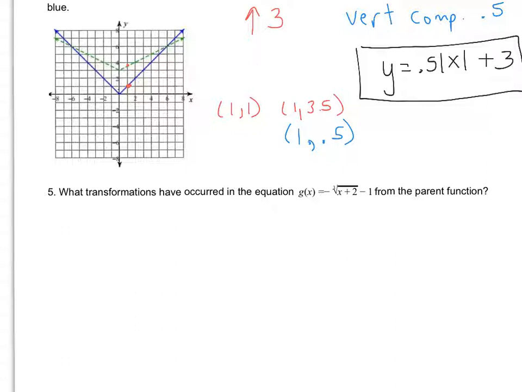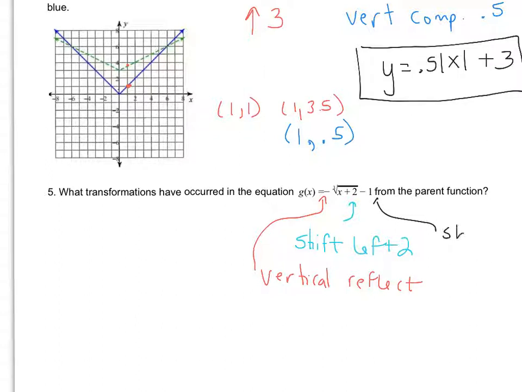This plus 2 is actually going to be a shift left 2. Remember, it's always the opposite sign, so it's a shift left of 2. This negative out front, we talked about in the first one, is the vertical reflection. And then, of course, the negative 1 at the end is going to be a shift down 1.